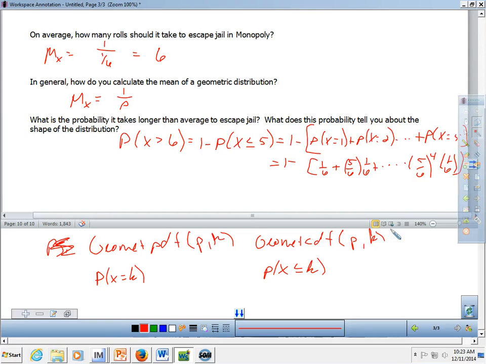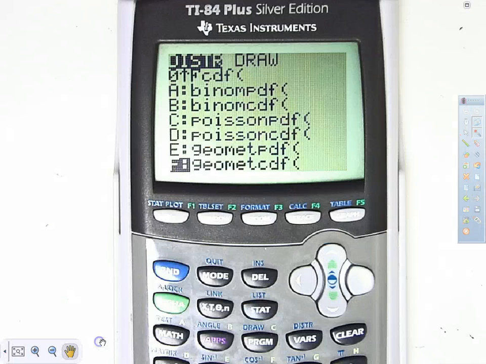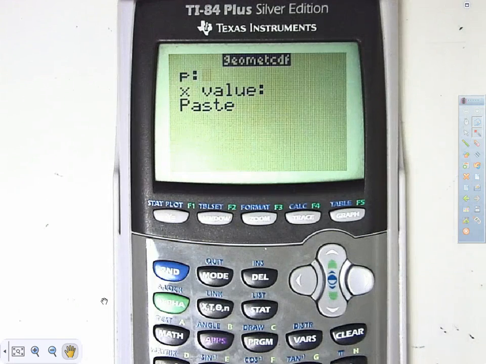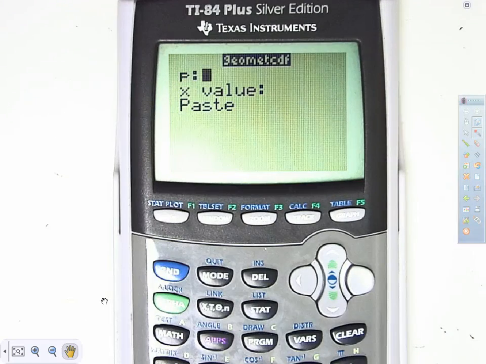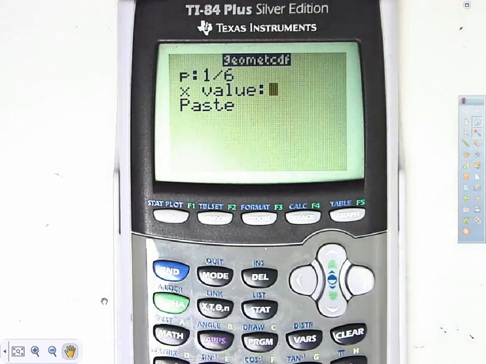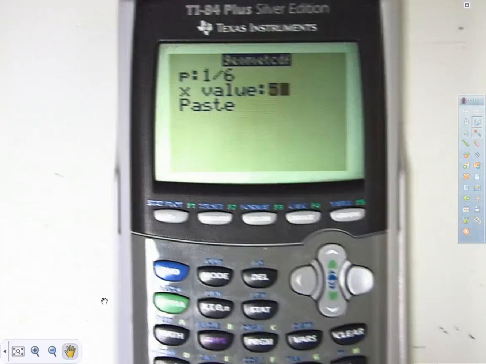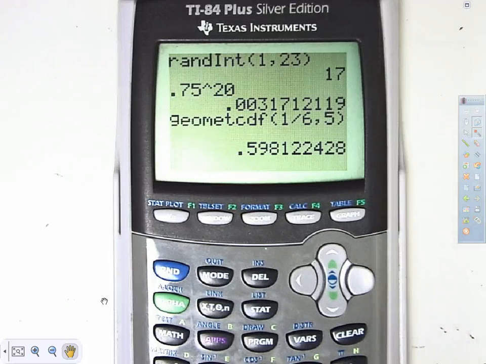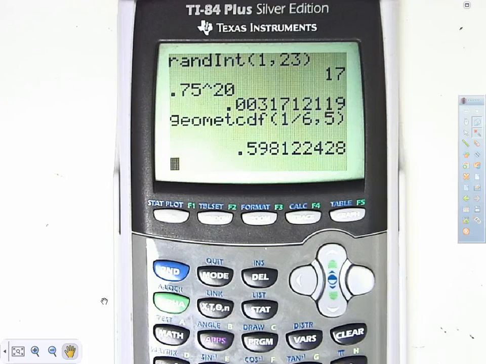So if I want to find the probability that x is less than or equal to 5, that's going to be geometCDF. It wants the success rate. To get a doubles, it's 1 in 6. And the number of trials you're counting until your first success, well, that's 5. You get that. Now, that's just the probability of x being less than or equal to 5.